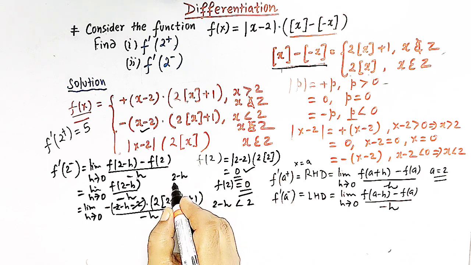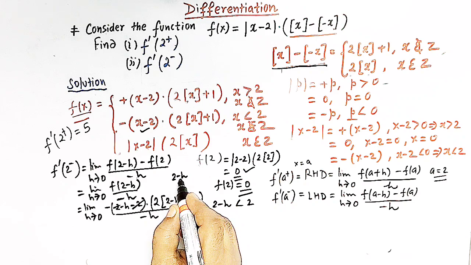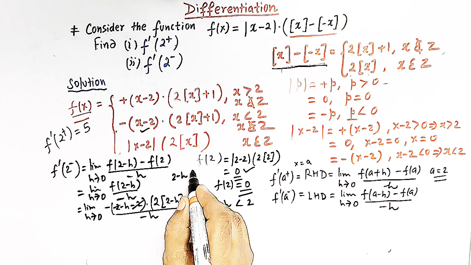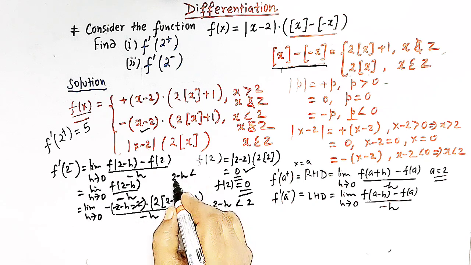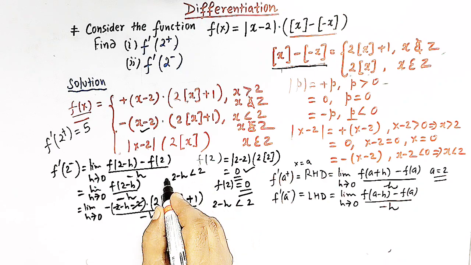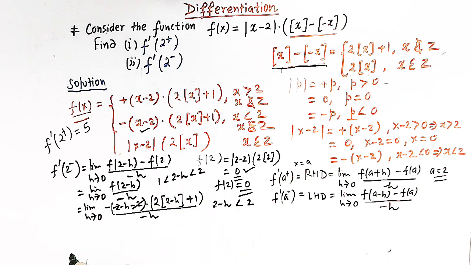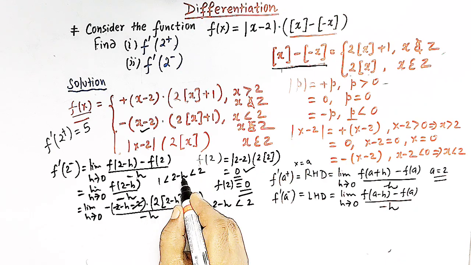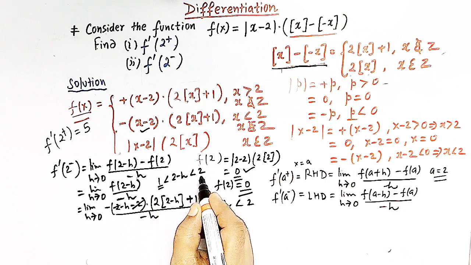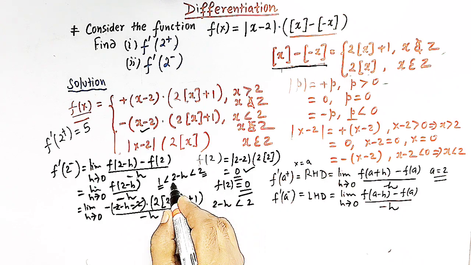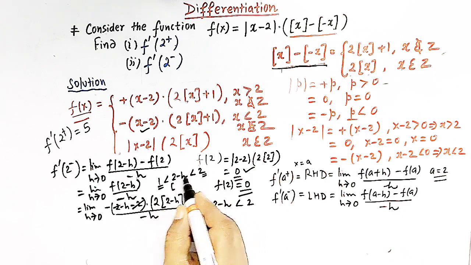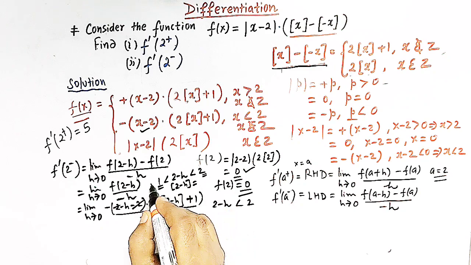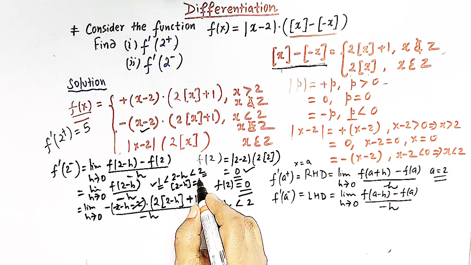Now see, this 2 minus h is slightly less than 2, but it is greater than 1. So 2 minus h lies between 1 and 2. So by the definition of greatest integer function, the greatest integer of 2 minus h should be equal to 1, right?